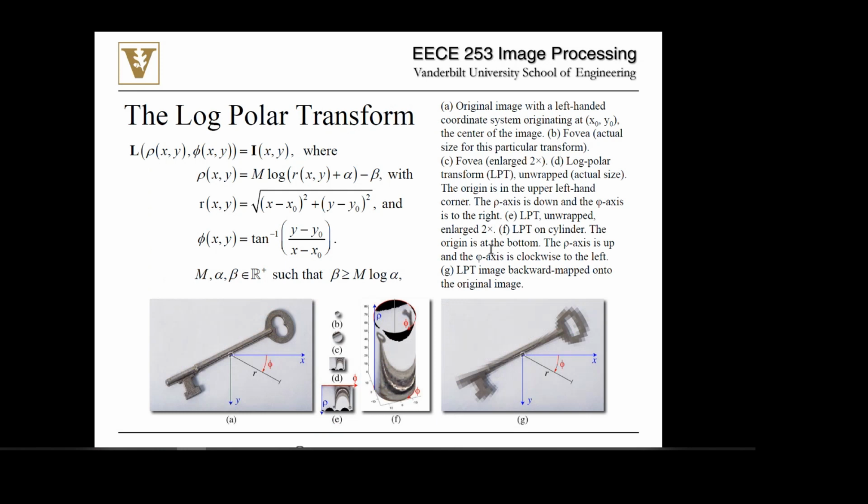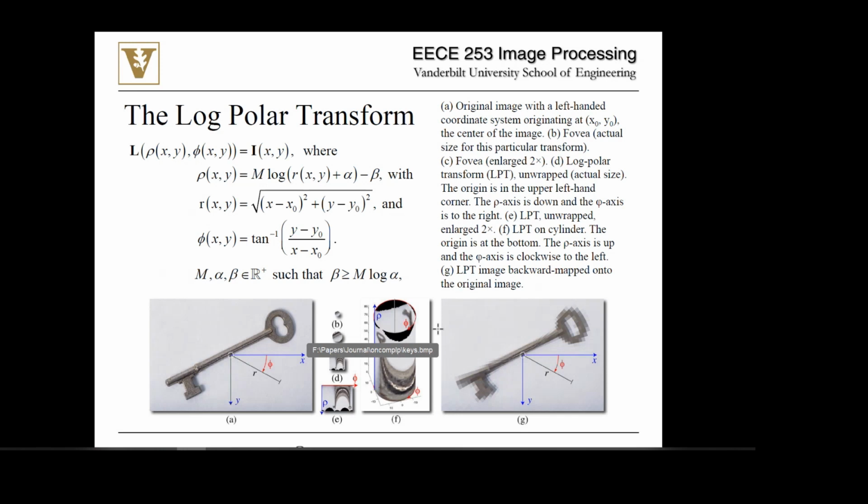The other question is how can I simulate this process, having more detail in one location and then smaller detail as you go away. And this is done through the log polar transform. The log polar transform is a mathematical way of simulating this process of having more detail in some regions.